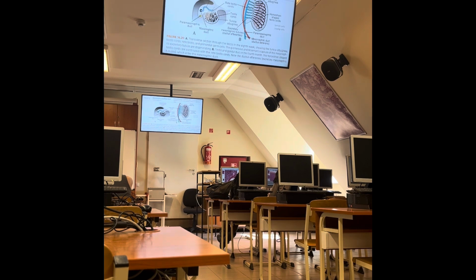Now, this next slide shows the development of the testis, and again this is partly revision. The mesonephric duct you can see here as part of the mesonephros. So this is the mesonephric duct and the mesonephric tubule that is coming from the mesonephros, as I mentioned.